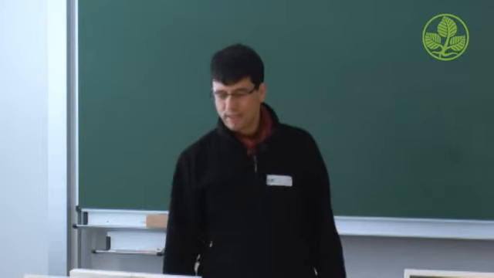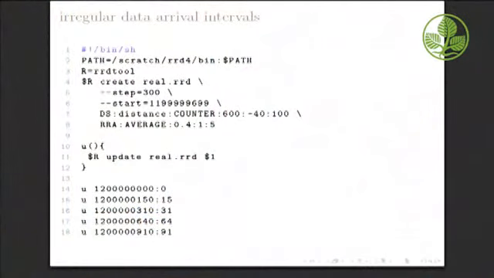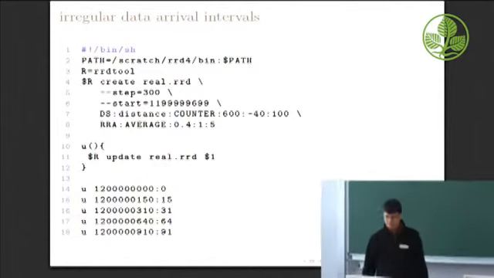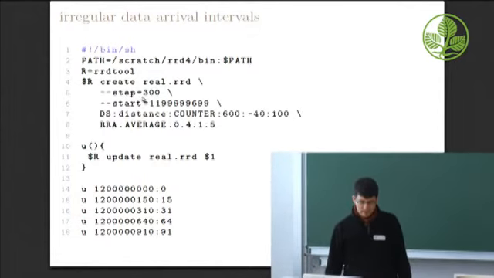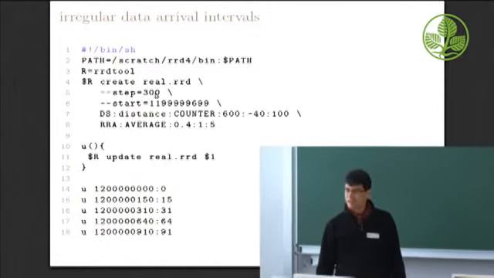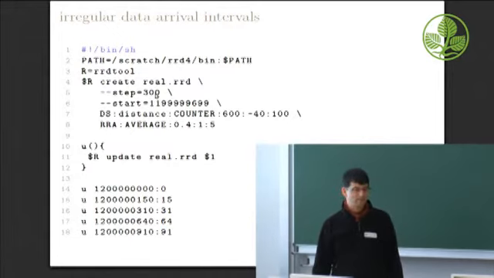Okay, and here's an example of what happens when data is arriving at irregular intervals. That code is all available on the website if you want to try it out. So we're creating a database at the 300-second interval.